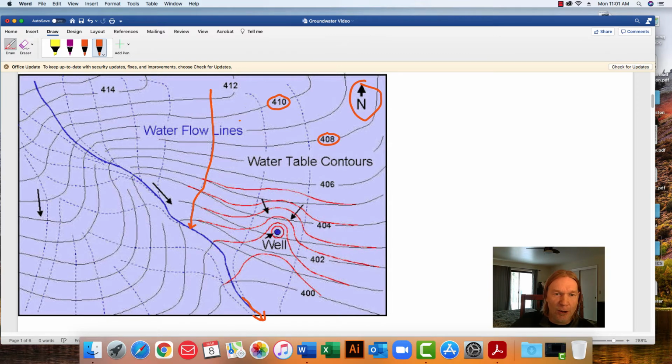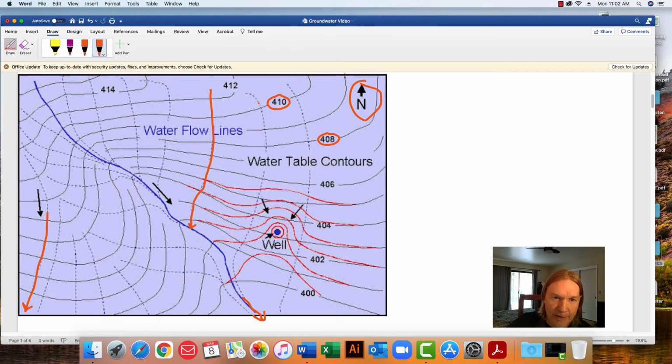All right, so we can tell which way water is going to flow anywhere in this map. Everywhere we see contour lines, all we have to do is draw a line perpendicular to those contour lines, and we know that that's going to show the true direction of water flow along the water table in this picture. So let's take a look at this area over here where they have a well.